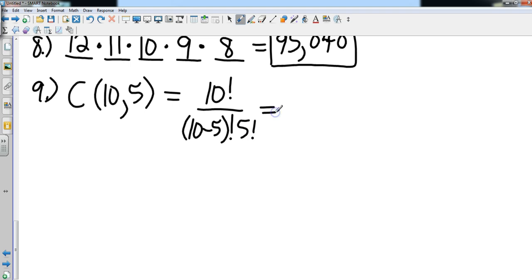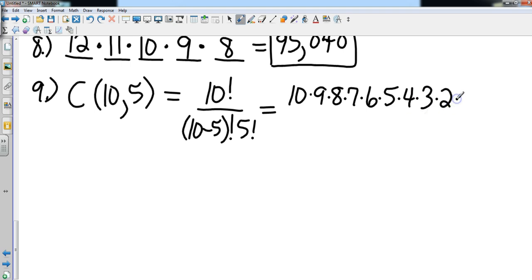Okay, I'm going to save a little time here. I notice I've got 5 factorial on the bottom, so I'm just going to get rid of 5 factorial on the top.